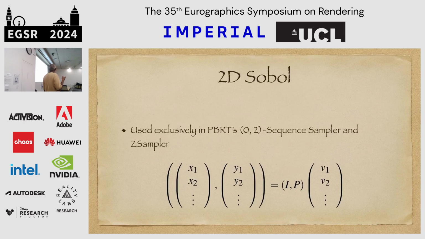The first 2 dimensions are generated by the identity matrix and the Pascal matrix, multiplied by a bit-reversed vector, and they are used exclusively by at least two samplers in PBRT. Some sampling strategies only use 2D, so you don't go to high dimension, and this is why the first 2D are very important.